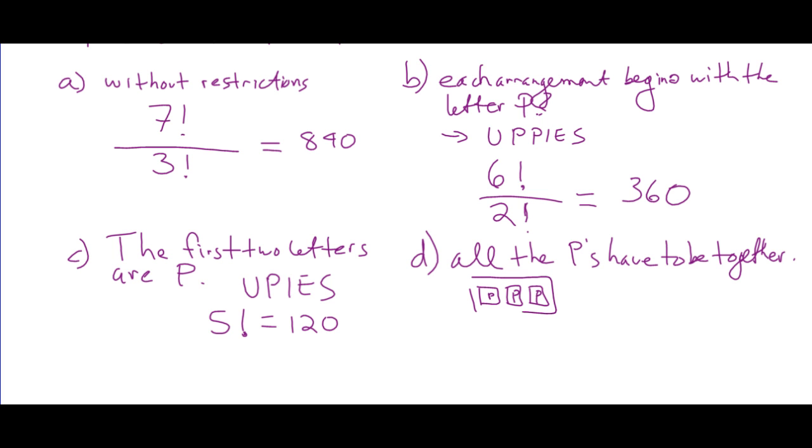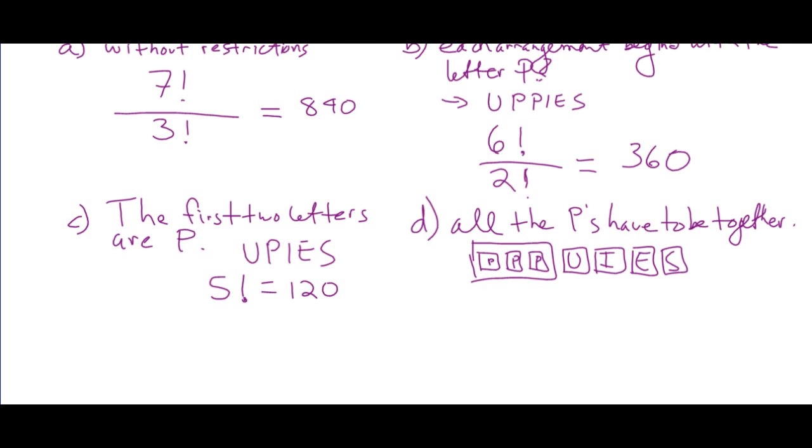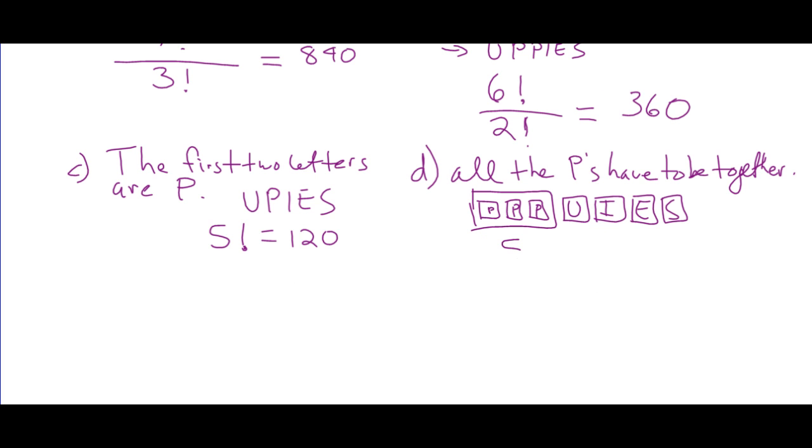And here's all the P's, but they have to be together, so I'm going to put them on one big tile, right? But it moves as a piece. Okay, and then I've got a U, I, E, and S. So how many objects do I have to arrange? 5, right? So we got 1, 2, 3, 4, 5. How many ways can 5 objects be arranged? 5 factorial or 5P5.